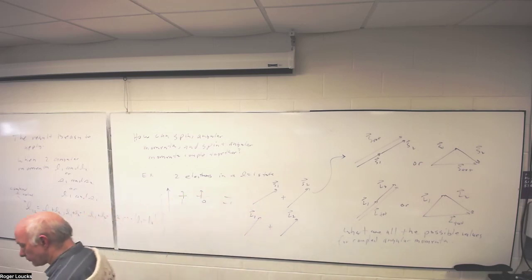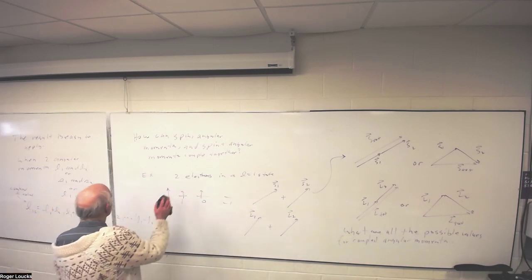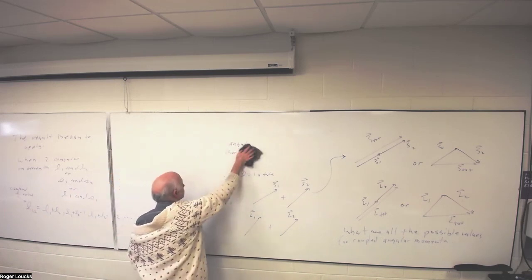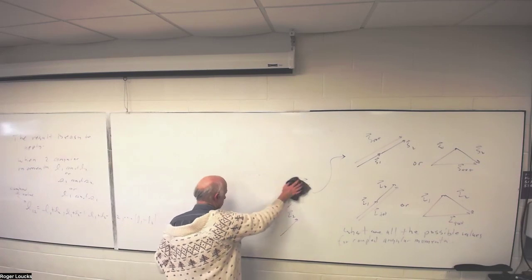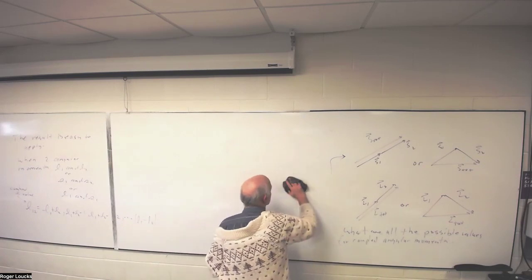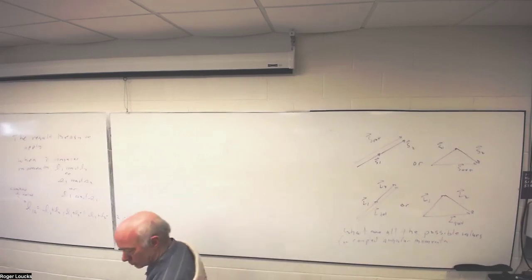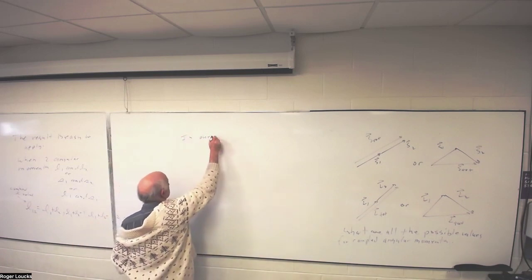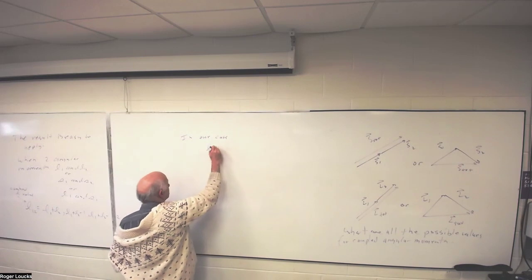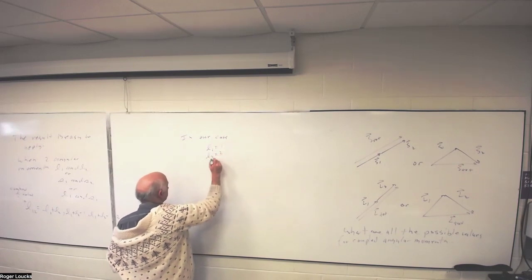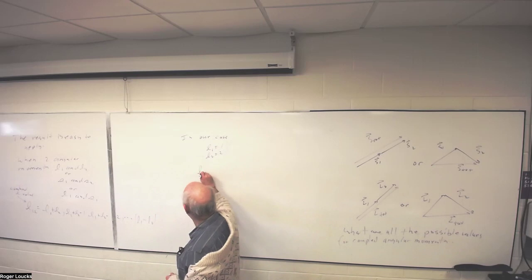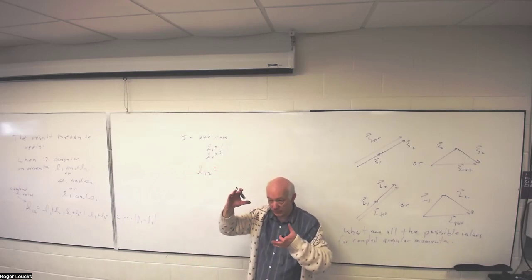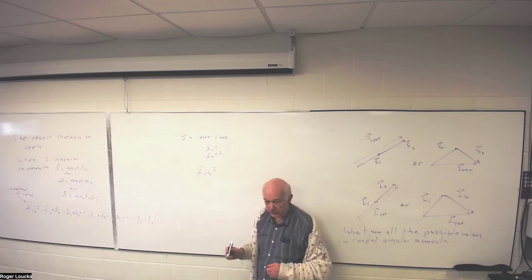Let's see what happens in our case over here. In our case, L1 is 1 and L2 is 2. So what is my range on the combined values here? So this is the total angular momentum for this two electron system in the L state.